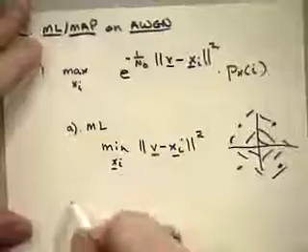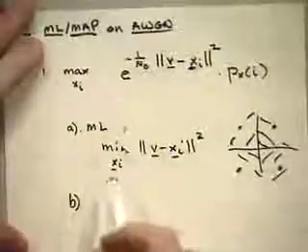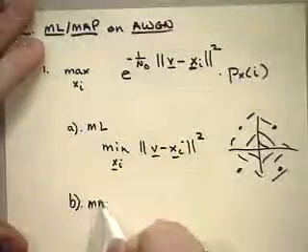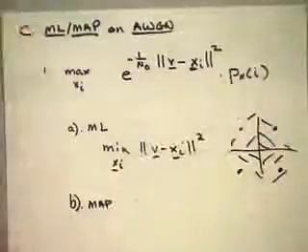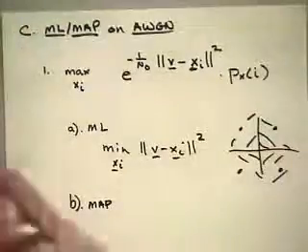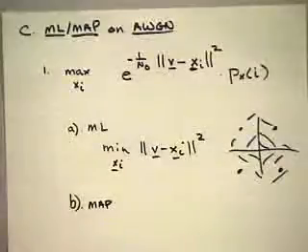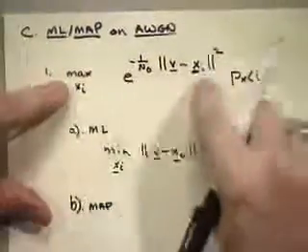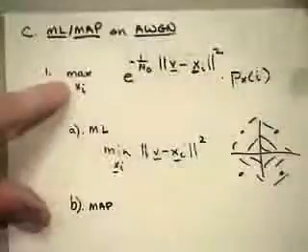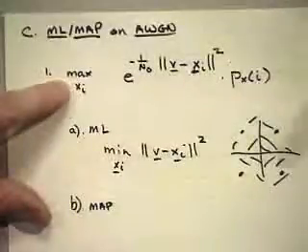For the map detector, if I actually take log of this function, log is basically a monotonically increasing function. So if I'm maximizing a function, I take log of it, I can maximize the log and still get the maximum value occurring at the same point.